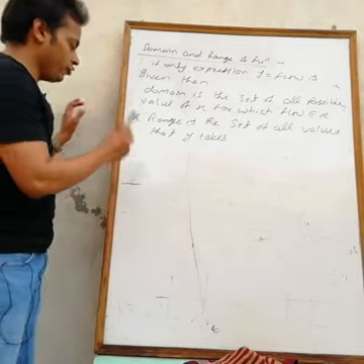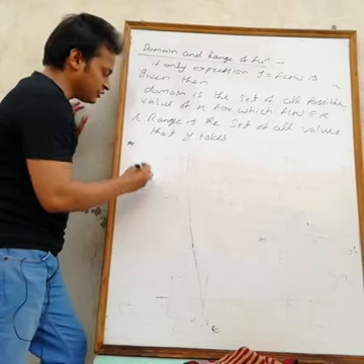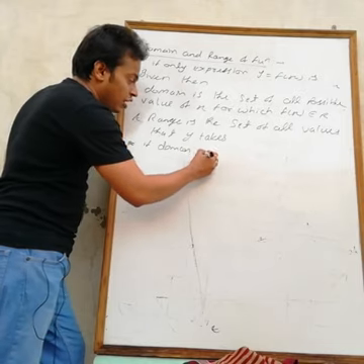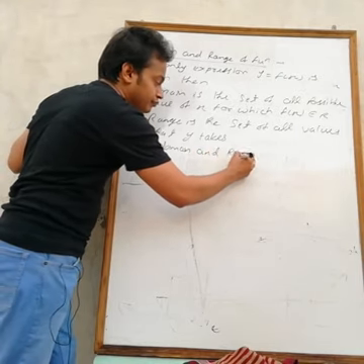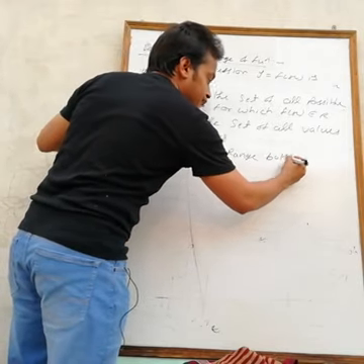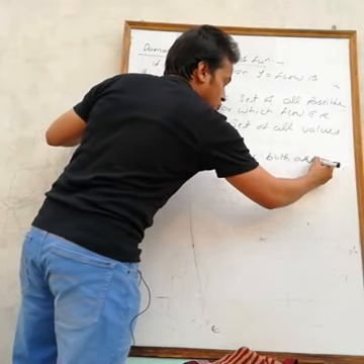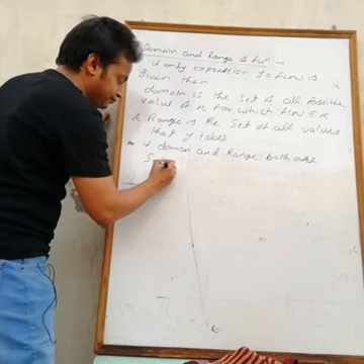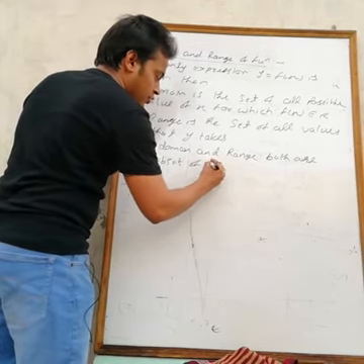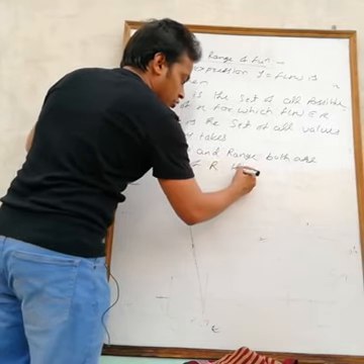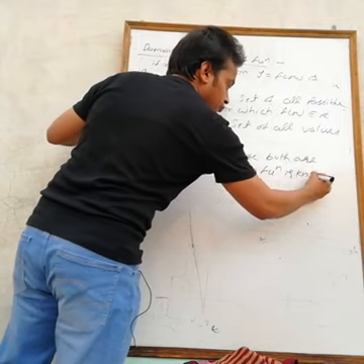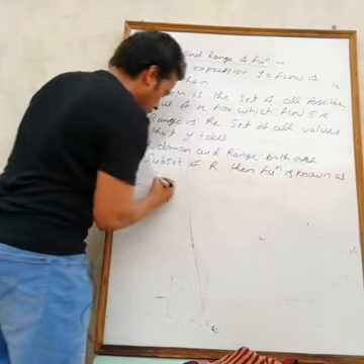And one thing that we have to remember: if the domain and range both are subsets of R, then the function is known as a real function.